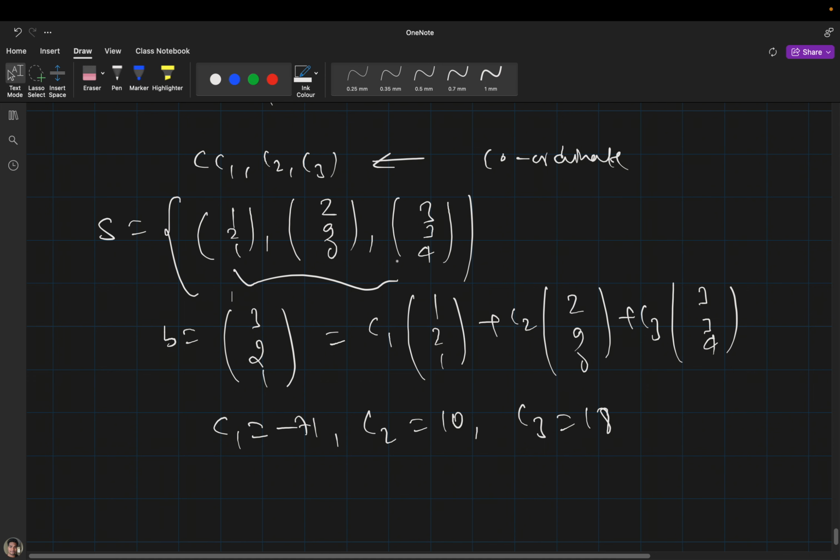And what about 4-dimensional space? What will be the number of basis vectors? It is 4. For 5-dimensional it should be 5.